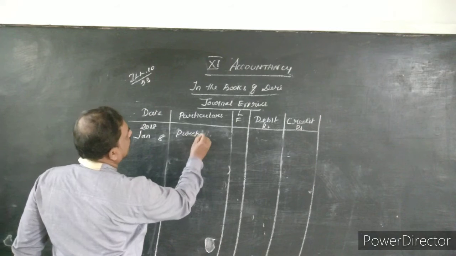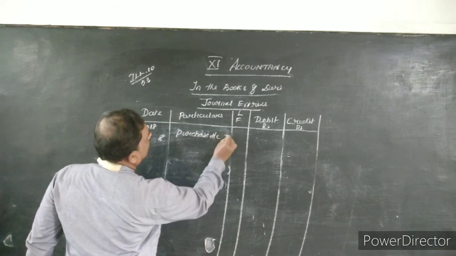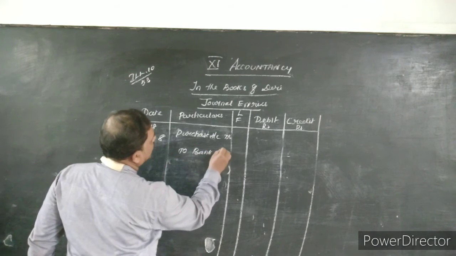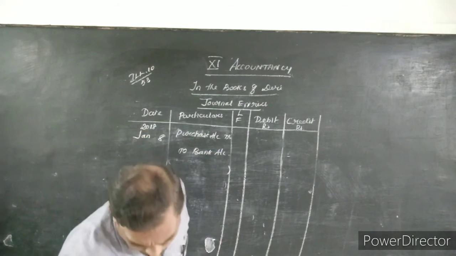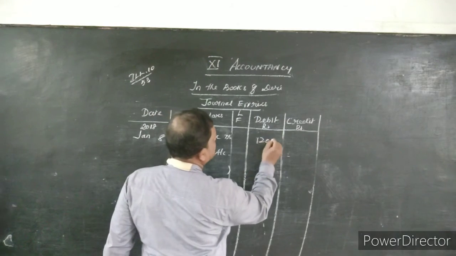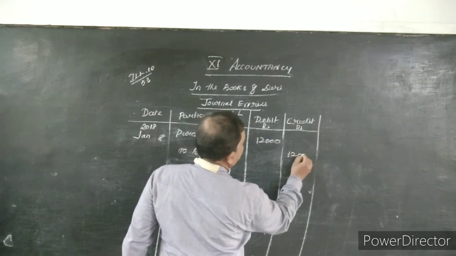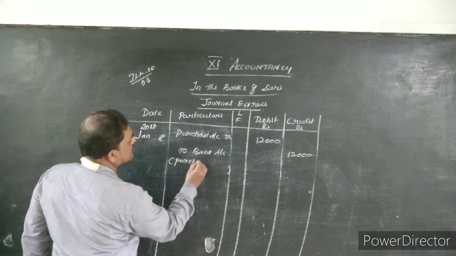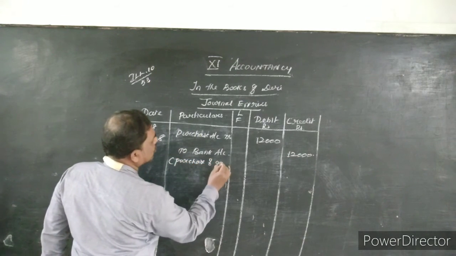Purchase account debit to bank account. What is the amount? The amount is rupees 12,000.